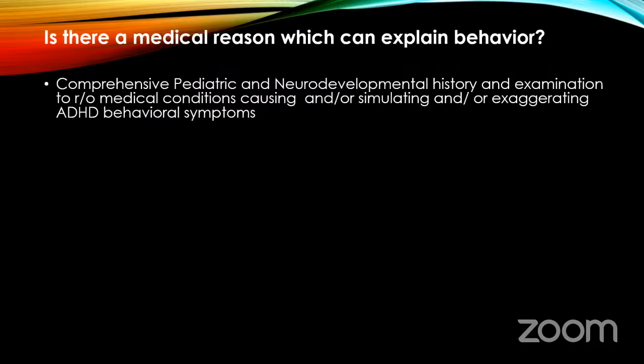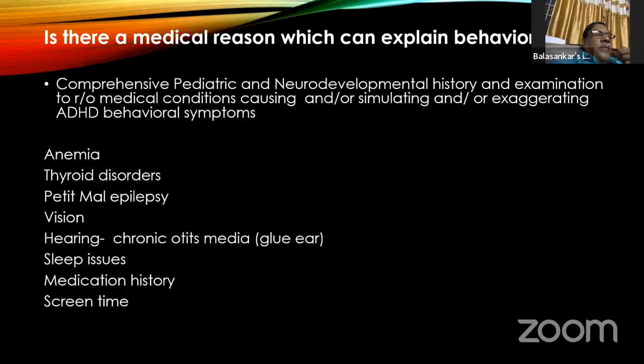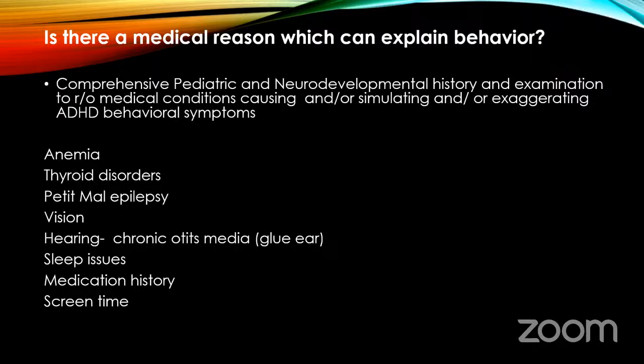We need to have a quick assessment whether there is anything in the history or examination which is simulating or exaggerating the behavioral symptoms. And there's this whole list of nutritional deficiencies, thyroid problems, vision, hearing, and sleep disorders, which can cause an irritable child or hyperactive child.